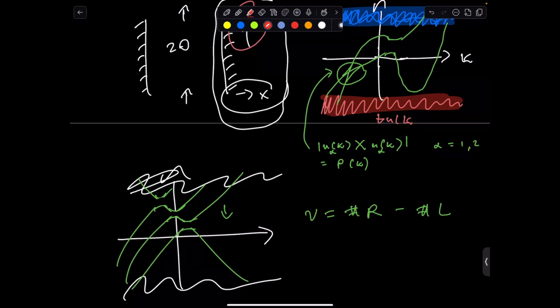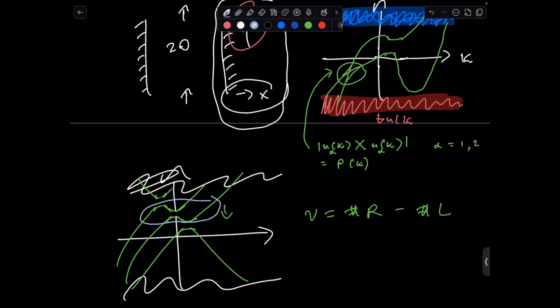Okay, so what happened is that you see we have two right movers still, right? And that works because before we had 3 right movers, 1 left mover, so we had 3 minus 1 is 2. And so you can always subtract them like that.